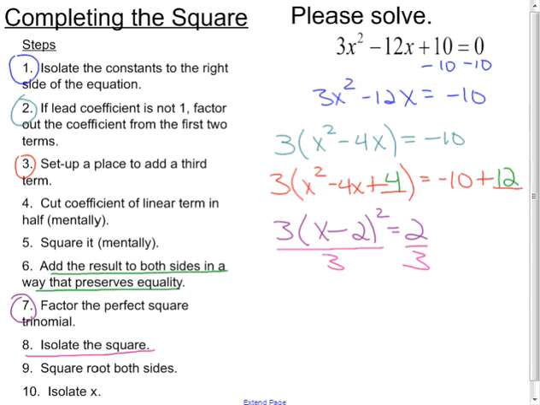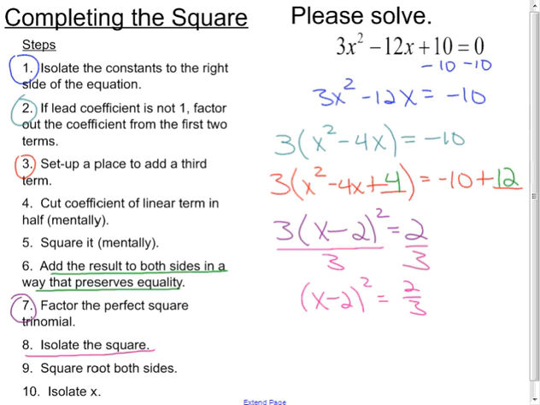So I will, in fact, divide by 3, and that is going to give me x minus 2 squared equals 2/3.